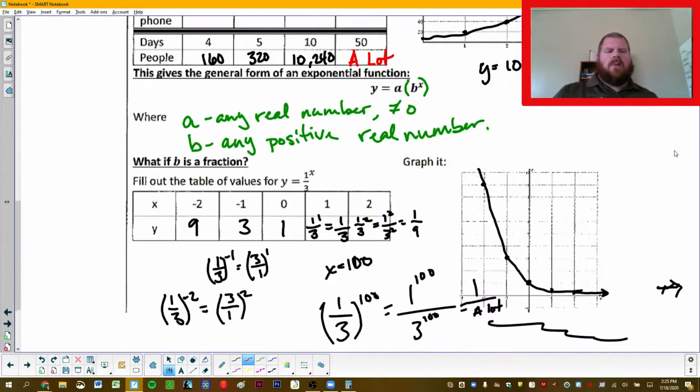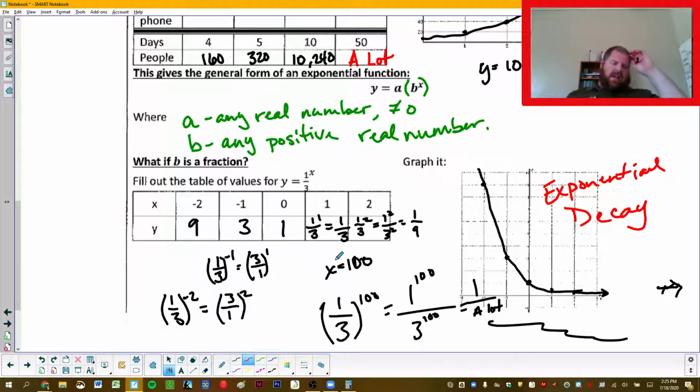And the one down below, with b being a fraction, it's not growing as we move to the right. We call it exponential decay because it's getting smaller, and things like this are like half-life problems, and you'll see a lot of those because people grasp at straws for real-world applications of exponential decay.